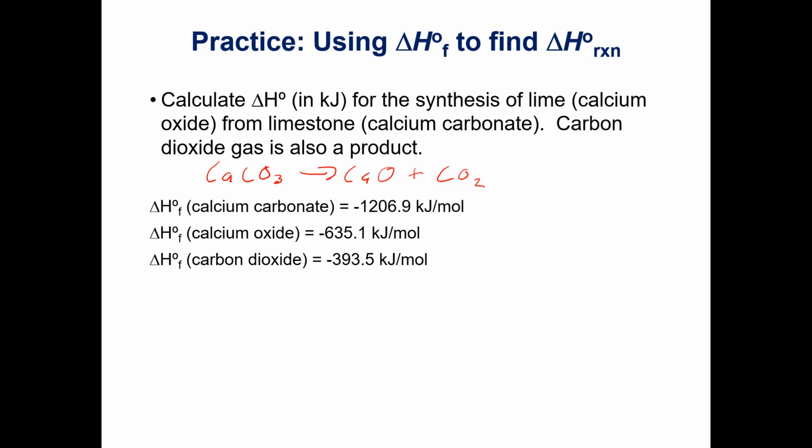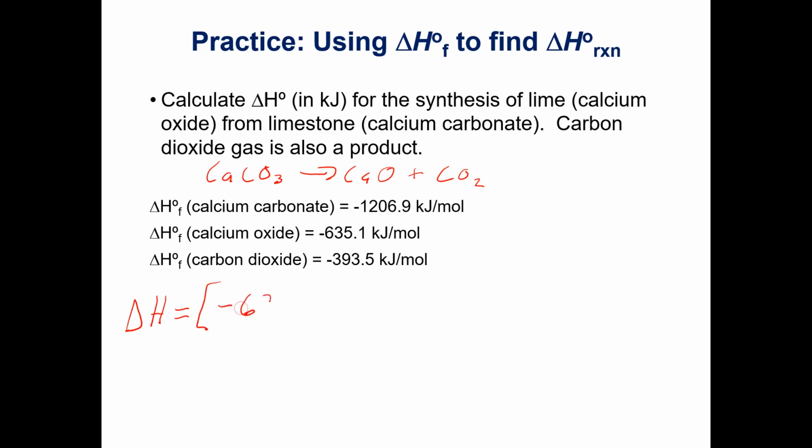It just so happens that this is balanced, and you can go through and count up each of your elements on each side and double check that. So let's go ahead and calculate delta H for this reaction. Our products are calcium oxide and carbon dioxide.